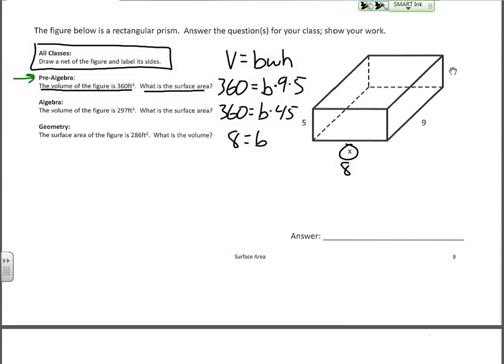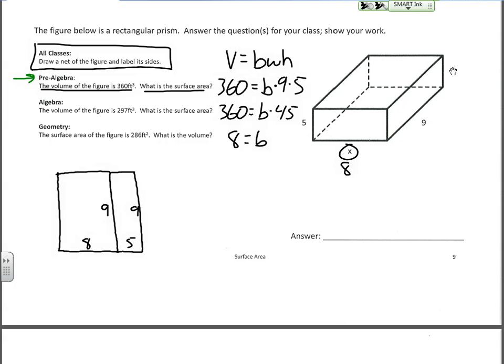So we have the bottom of the box. It's kind of our largest side there, largest face. And this has a base length of 8 and a width of 9, just going off of the values that we have there. Then comes the right side of our prism, and that's going to have a 5 and a 9.